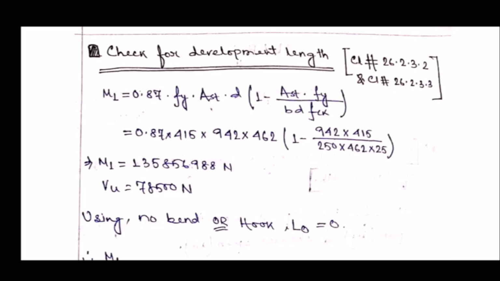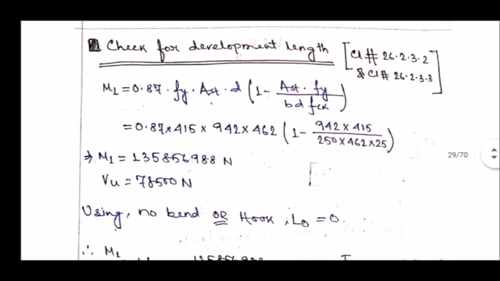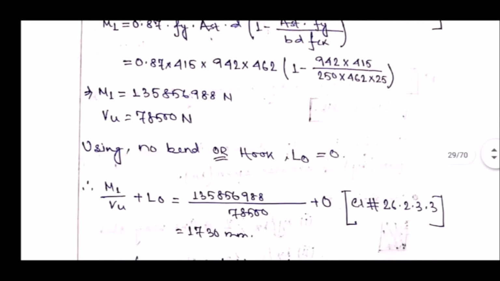If we put every value here, we get the moment M1 equals 135856988 Newton mm, and the value of Vu we already have is 78,500 Newton. In this case we assume that we use no bend or hook, so L0 is equals to 0.